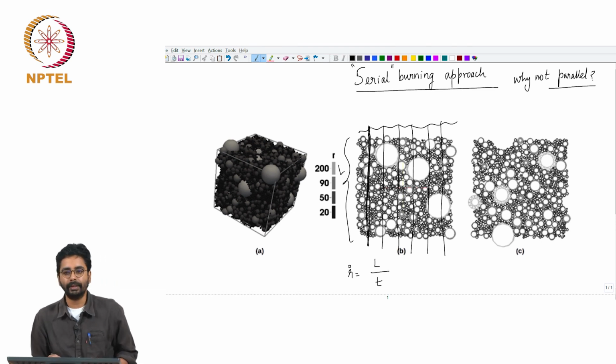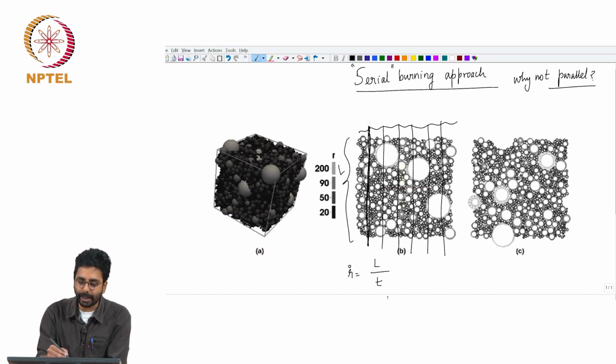Along the length of this line that I am highlighting now, there are particles of different sizes, and we already saw that because the oxidizer to fuel distribution is different for different particle sizes, larger particles are generally oxidizer rich, smaller particles are fuel rich. Therefore, the burn rate of each particle size is different, and therefore the time it would take for different segments of this line to burn will also be different.